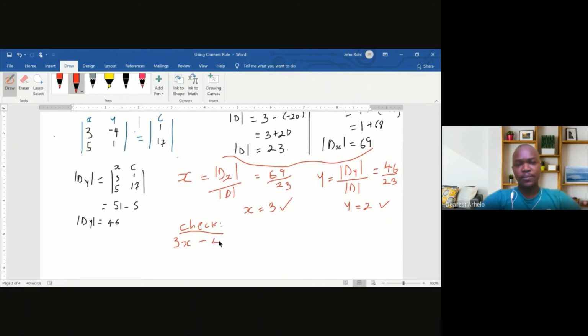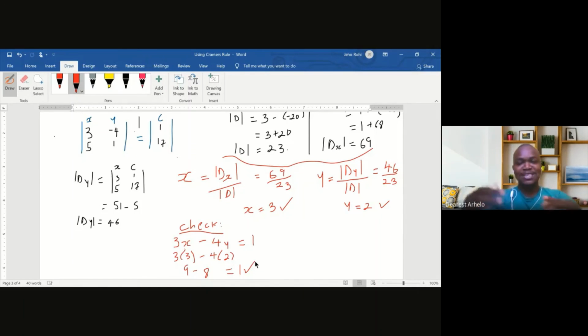Now x is 3, so we have 3 times 3 minus 4 times 2, since y is 2. So 3 times 3 is 9, minus 4 times 2 is 8. So 9 minus 8 gives us 1. That means you are correct.